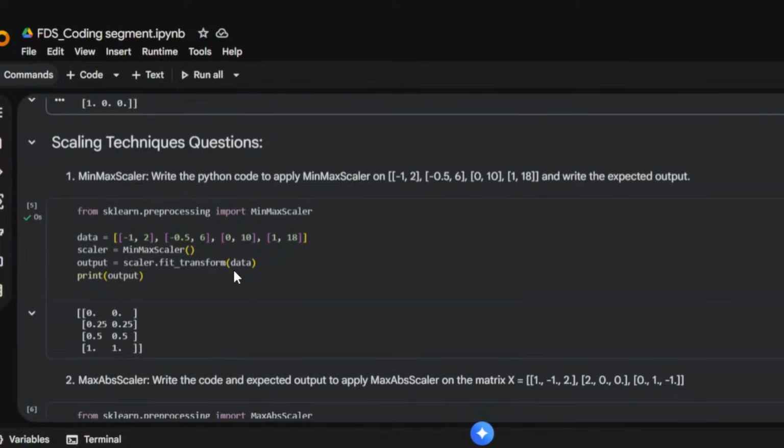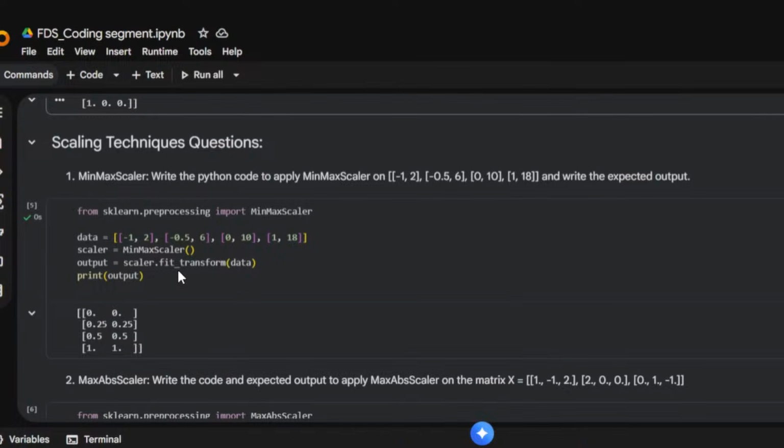If you want to fit the scaler using one data set and transform a different data set, you have to fit the data in one line and then transform the data in another line. But here, since we are fitting and transforming the same data points, we are using the function fit transform. It just makes our lives easier.